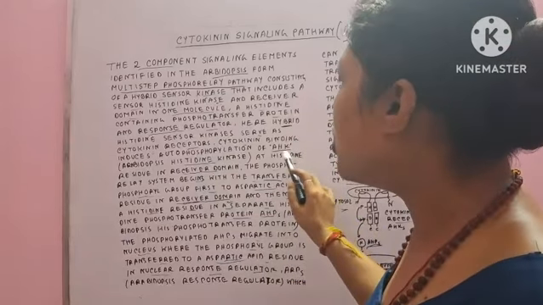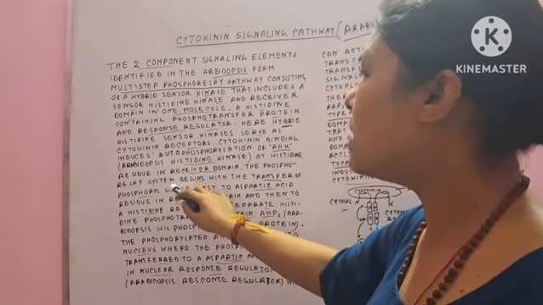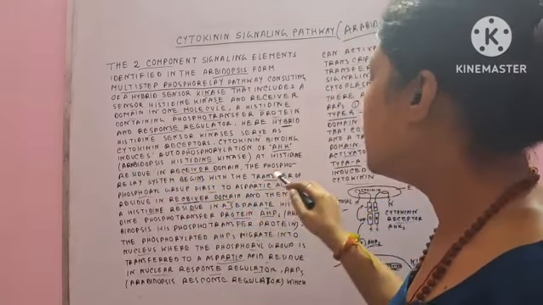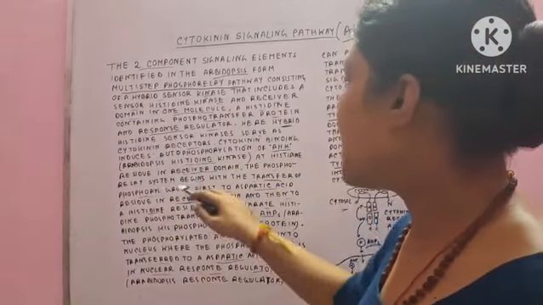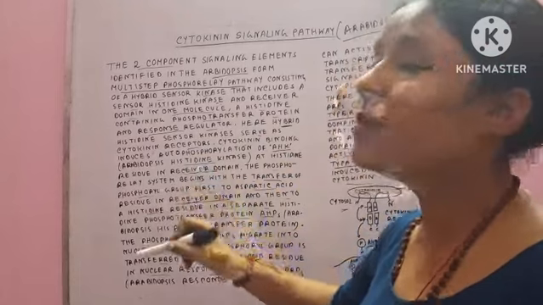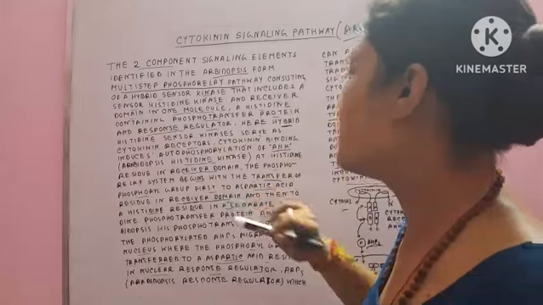Now, the phosphorelay system begins with what? It begins with the transfer of the phosphoryl group.